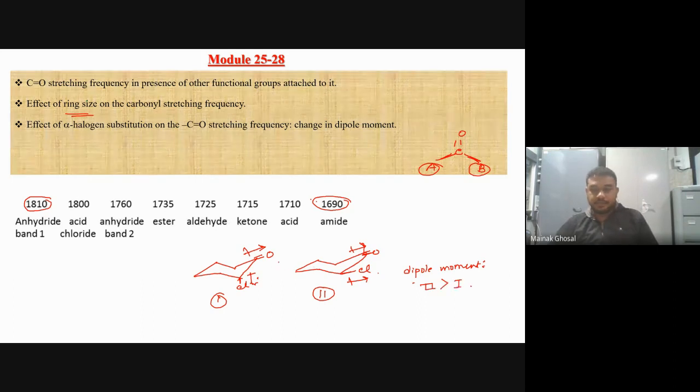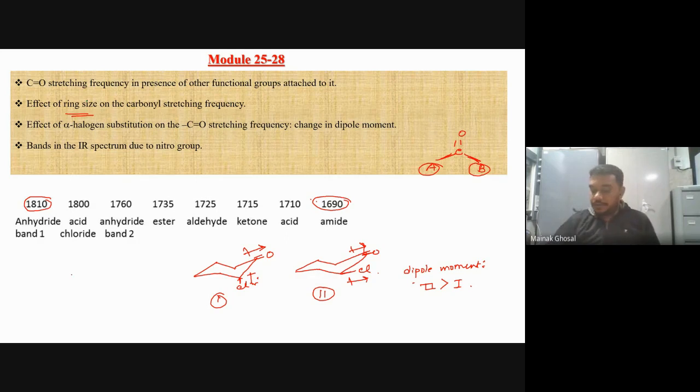Okay. So since dipole moment is different for any alpha substitution, for alpha halogen substitution, whether the group is axial or equatorial will dictate what kind of stretching frequency we'll see in the molecule.